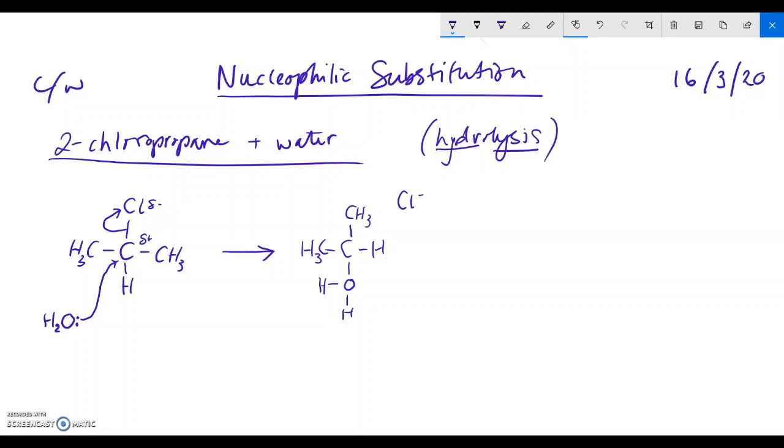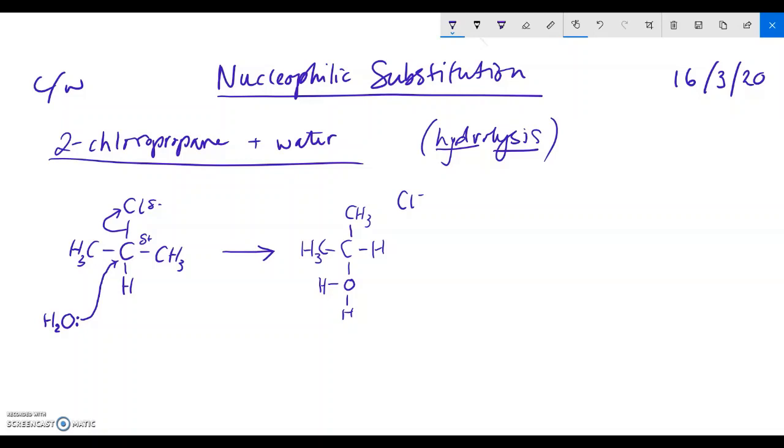Now, of course, Cl minus can't be a product on its own. You can't just have something with a negative charge just existing on its own. But this time we started off with two molecules which are uncharged, and now we've got an ion here which is uncharged. So actually there's a problem here, because there should be a positive charge somewhere else.